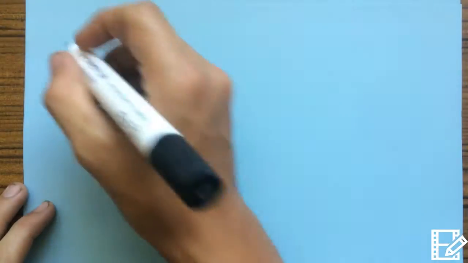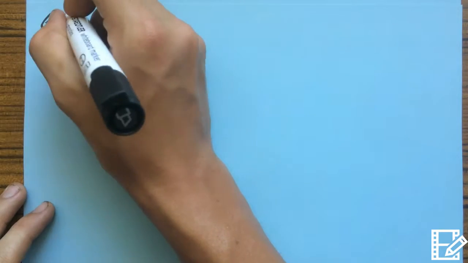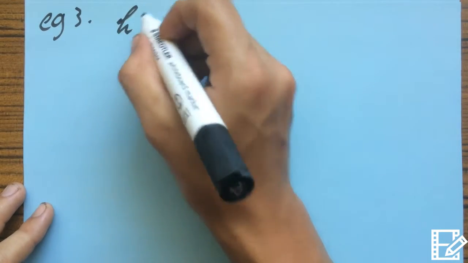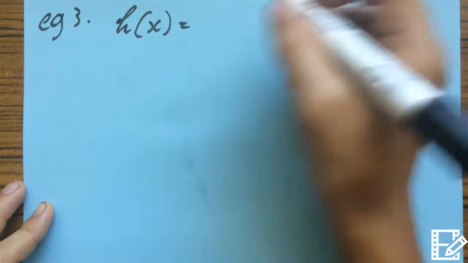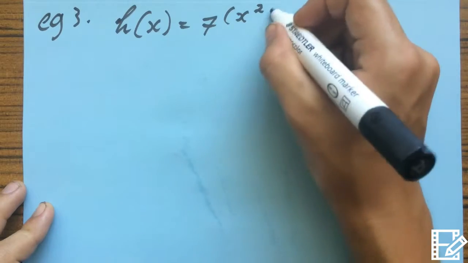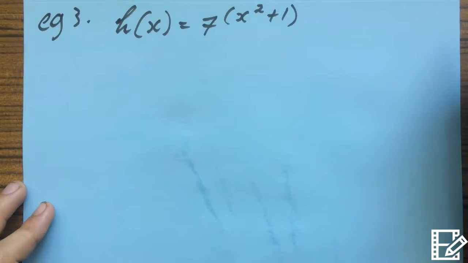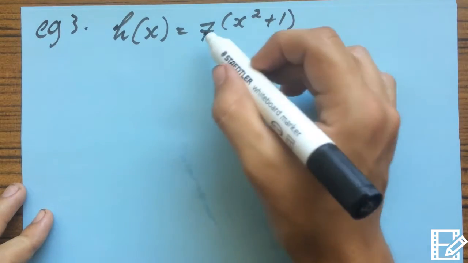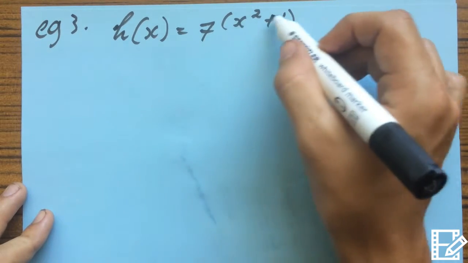For another example, let's say h(x) equals 7 to the power of x squared plus 1. Here we have our function x squared plus 1 within our function 7 to the power of x squared plus 1.